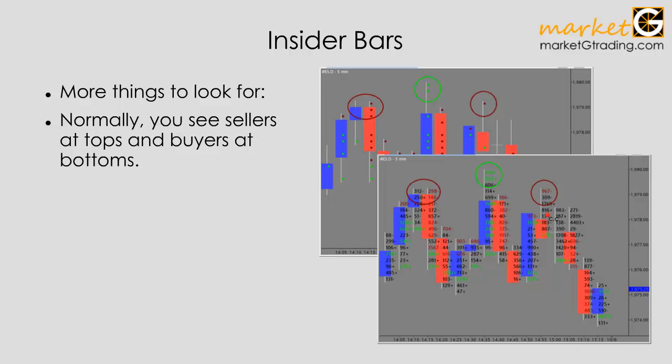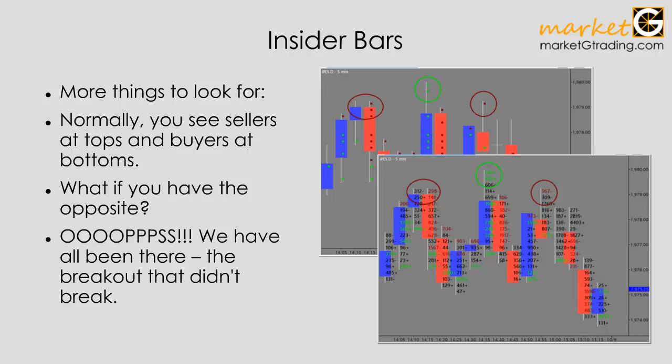The one in the middle, though, is kind of an anomaly here, and I think we've all been there. The opposite. Oops, you buy the breakout that forgot to break out, and then these guys have a problem.